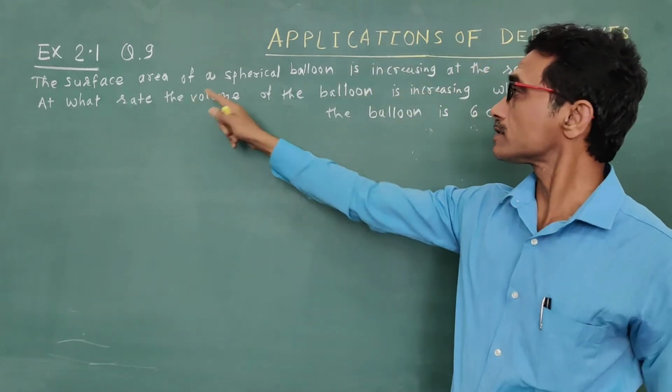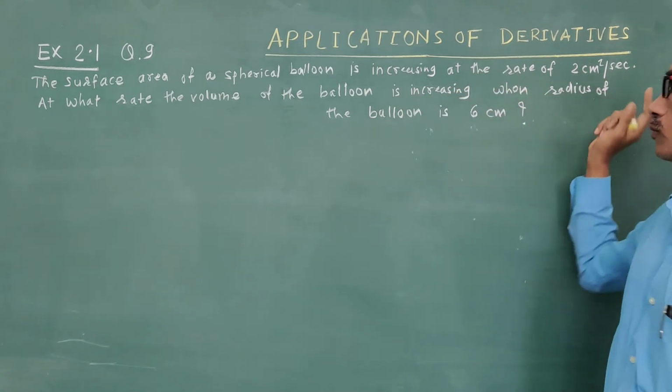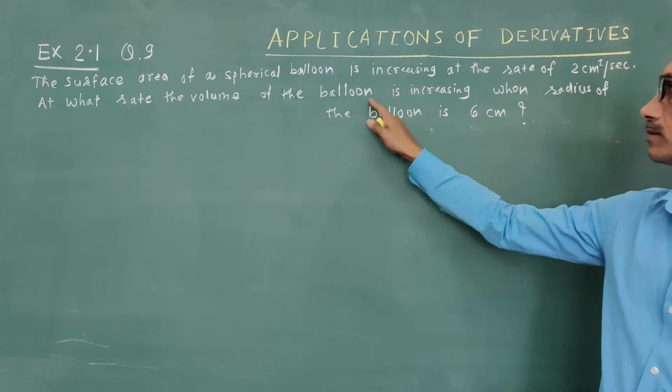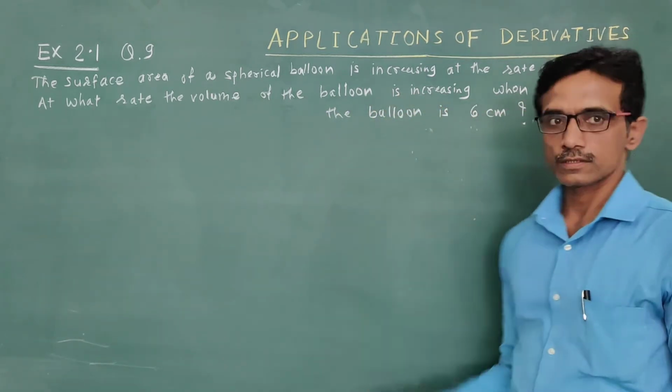The surface area of a spherical balloon is increasing at the rate of 2 centimeters square per second. At what rate is the volume of the balloon increasing when the radius of the balloon is 6 centimeter?